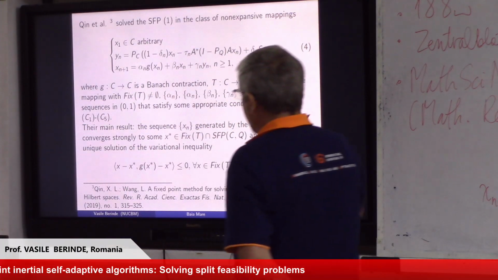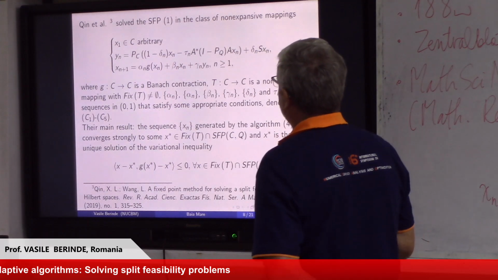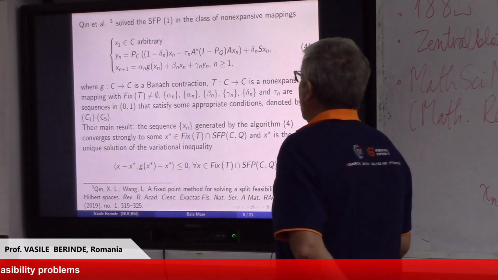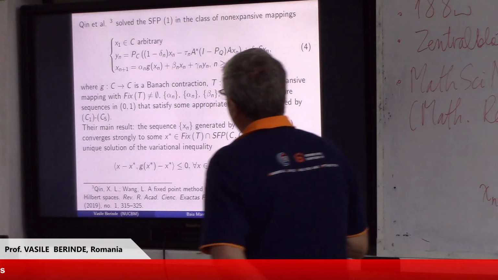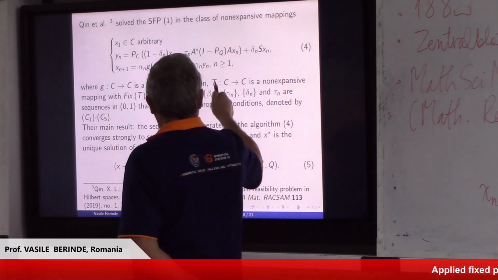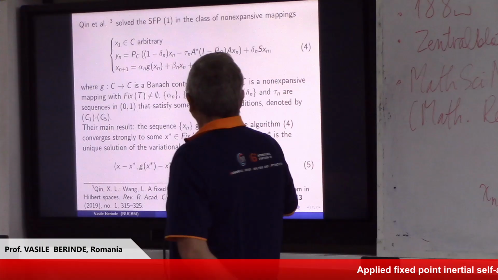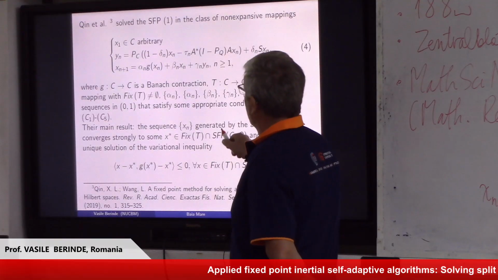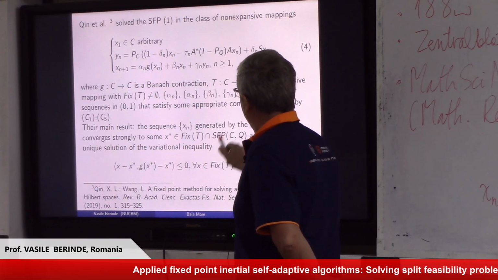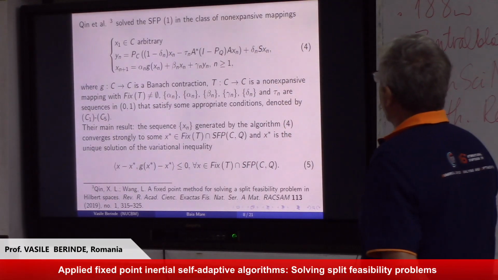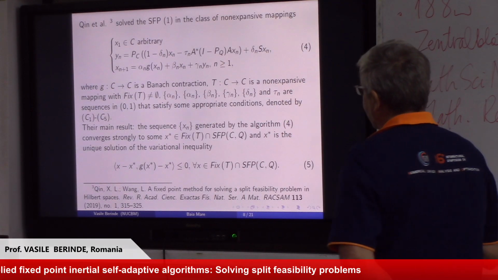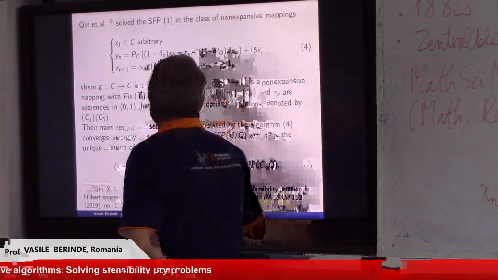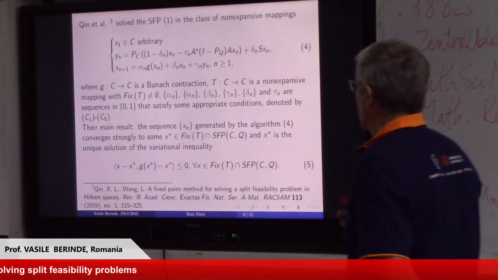So they prove that this sequence, which is generated in such a way, converges strongly to a fixed point of this map T, which is also a solution of the split feasibility problem, which we denote as Fix of CQ, and this x star, this solution, is also the unique solution of a variational inequality.